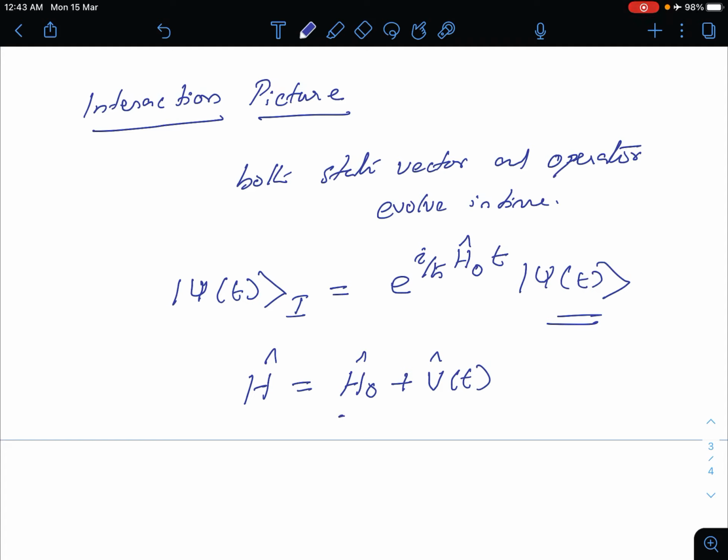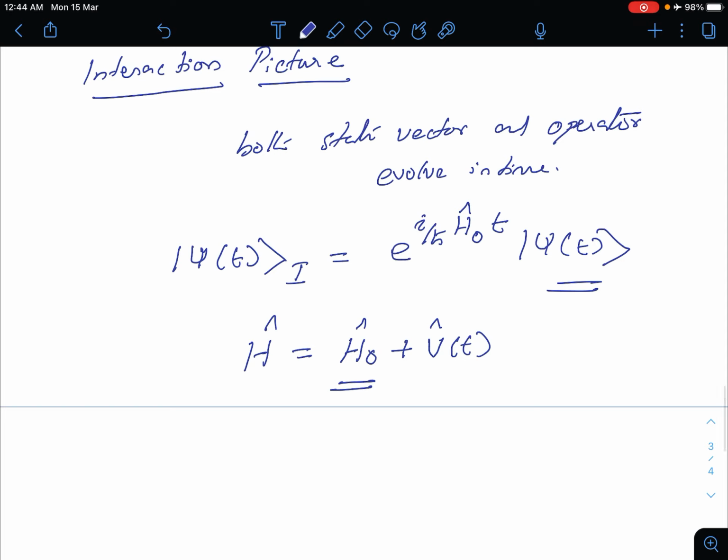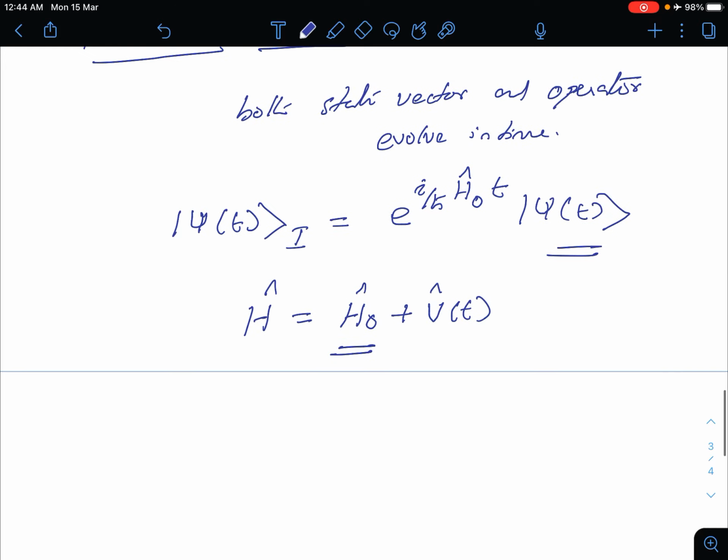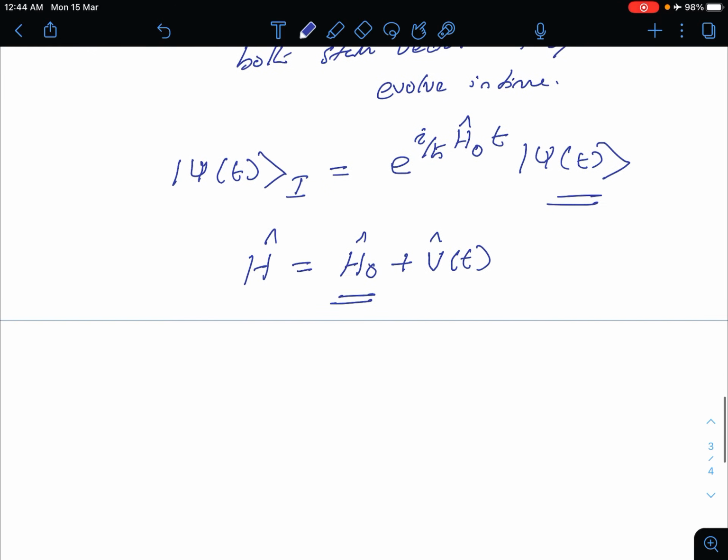One we can call the unperturbed Hamiltonian, and the other is the perturbation Hamiltonian. Here H0 is time independent and V is the time dependent part of the Hamiltonian. Usually V is very small compared to H0. That is how it evolves in time.